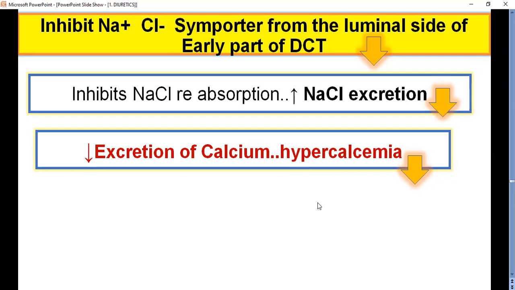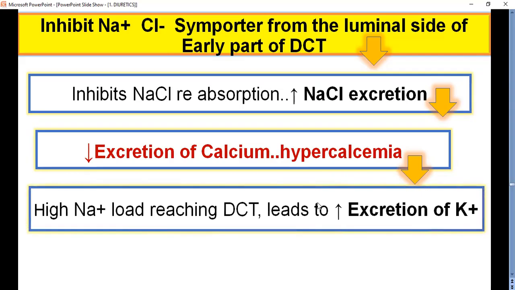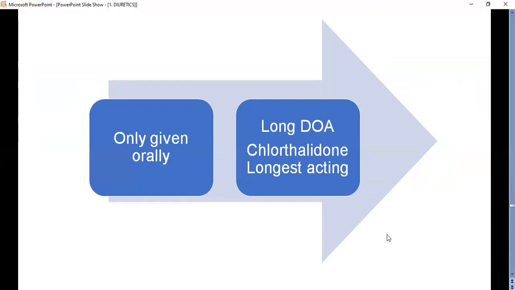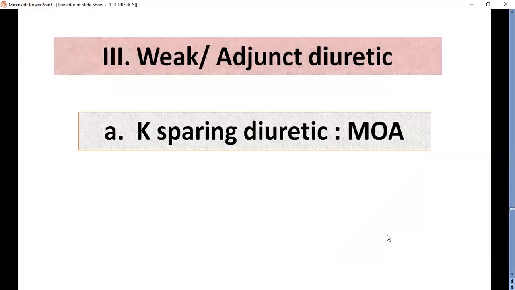Actually, it helps to retain calcium in the body. High sodium load reaching the distal convoluted tubule will lead to increased excretion of potassium. These are agents given only orally. Drugs like chlorthalidone have the longest duration of action.